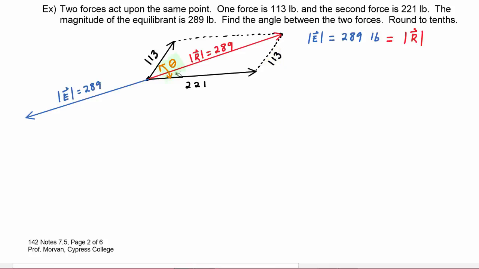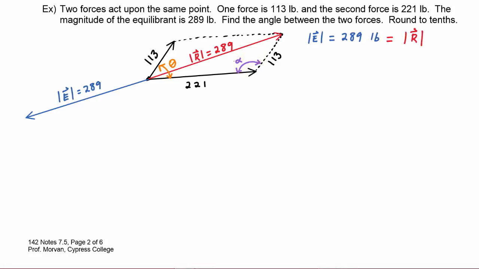Now we notice that theta is not in either of our triangles, but we can use an angle of our triangle that is also in the parallelogram, and that would be this angle right here. Let's call this alpha.